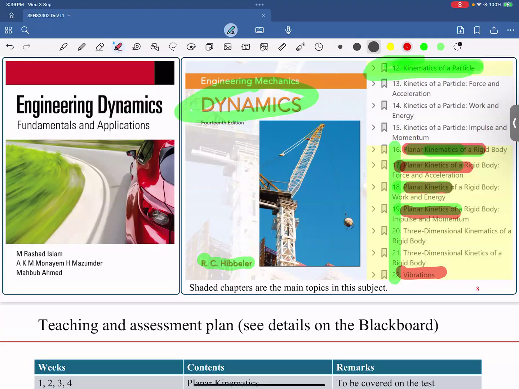Right? For example, free vibration and forced vibration. In free vibration, we have free vibration without damping. And free vibration with damping, we have a heavy damping, right? And under damped system.